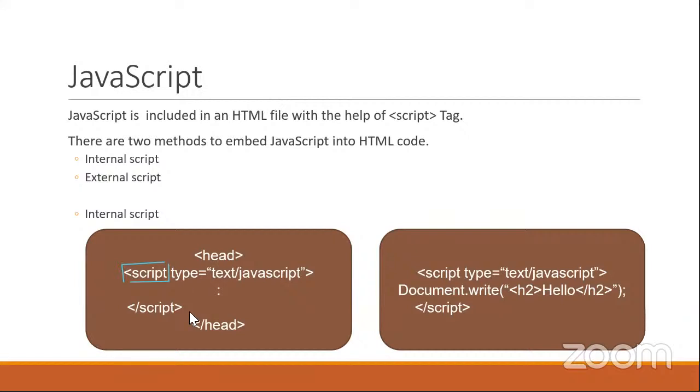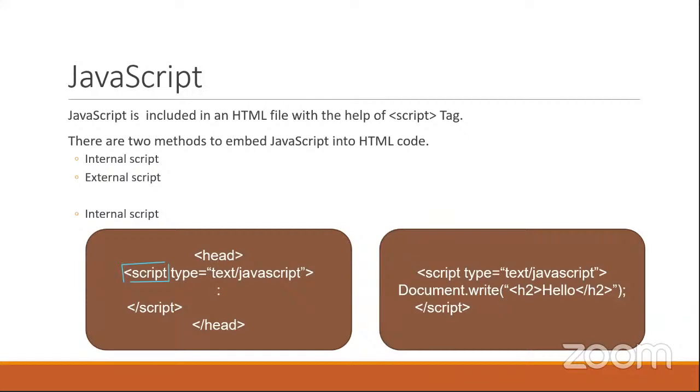We have two types, internal script and external script. If it is an internal script, we can include this JavaScript inside the HTML page. If it is external JavaScript, we write JavaScript in a separate file with a .js extension, and we can link that in an HTML.